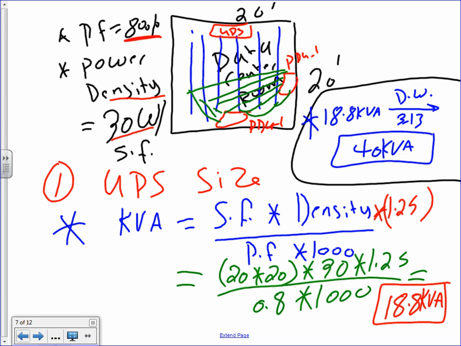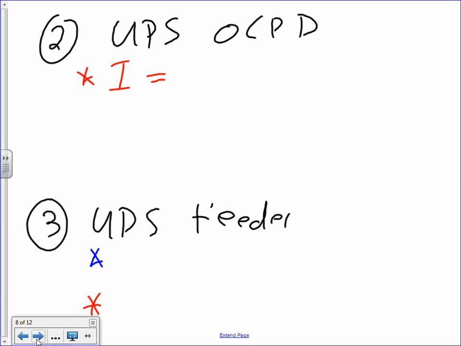Any comments, any questions? Jewel, makes sense? Okay. So now we know it's 40 kVA. The rest is history. When you capture the kVA, guys, the rest will be history, right? So number 2, I need the overcurrent protection device. Here's what you do. You take the 40 kVA that we've just found, divided by 1.73 times 480.